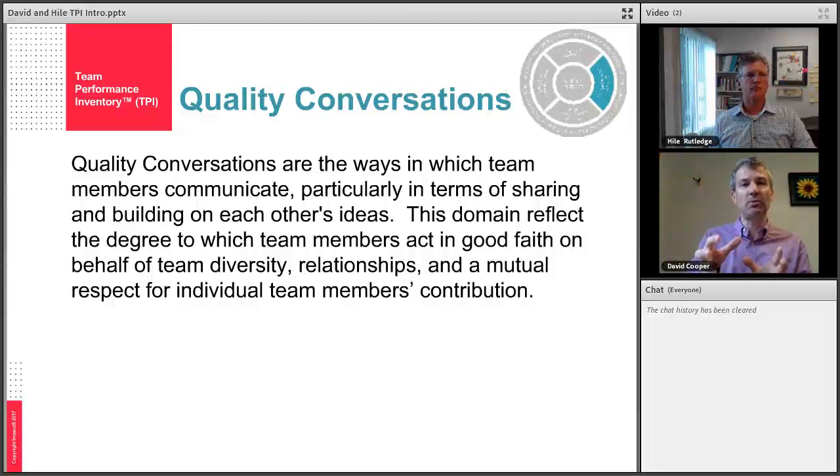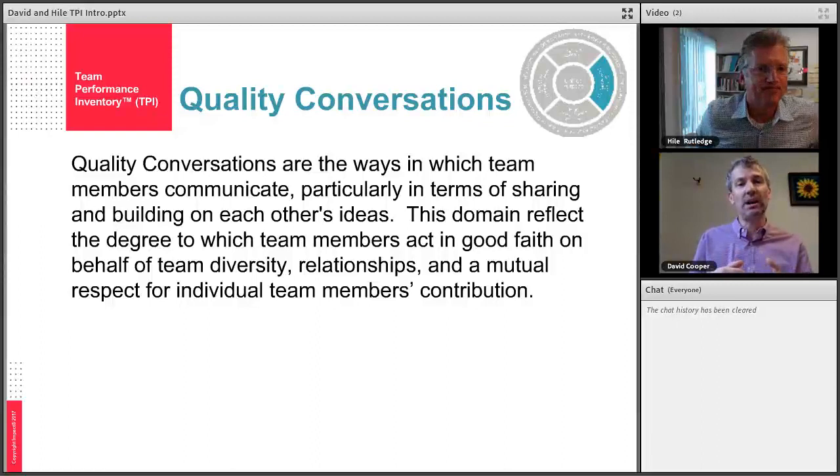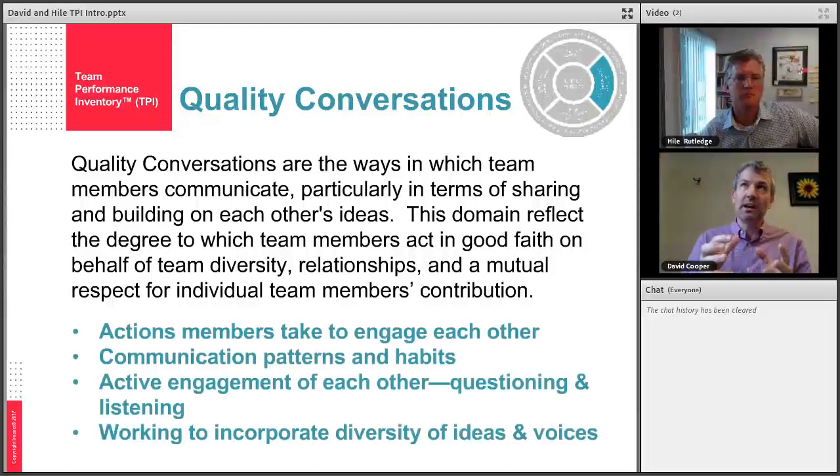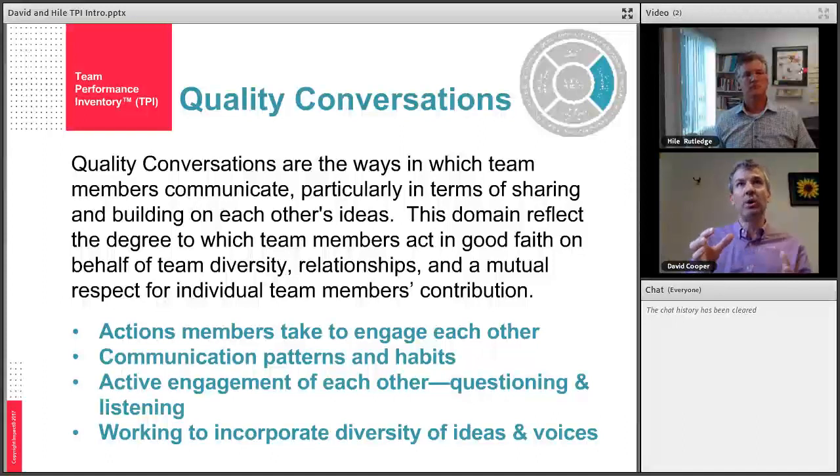Insert whatever diversity we need to understand to be effective in our performance, and quality conversations represent our need to really understand who does what well and allowing that person, engaging and deploying ourselves appropriately, so that we have actions on behalf of each other that really engage our strengths and our resources well, that we have communication patterns and habits that show we understand those strengths and we understand how we're deploying ourselves appropriately.